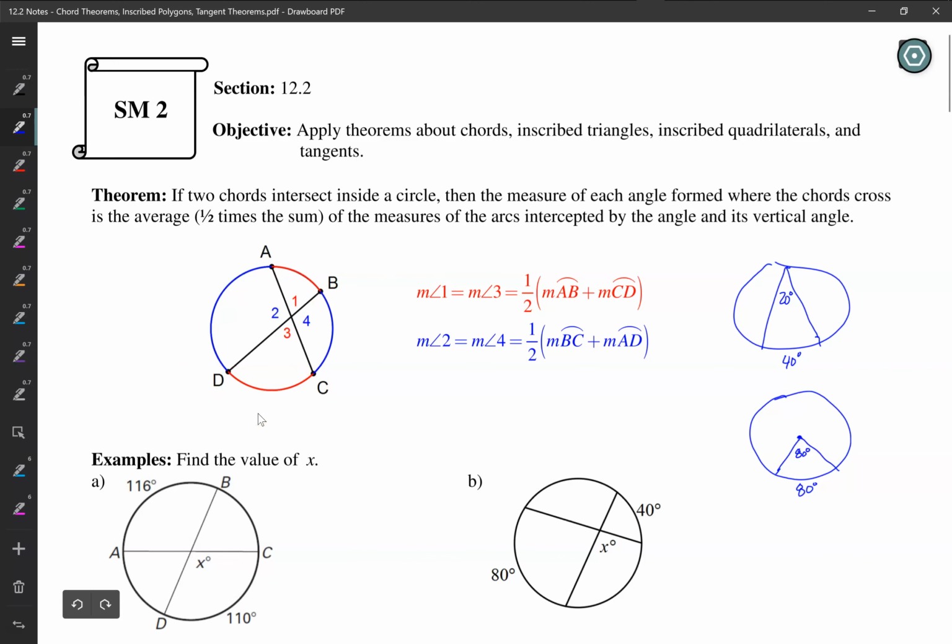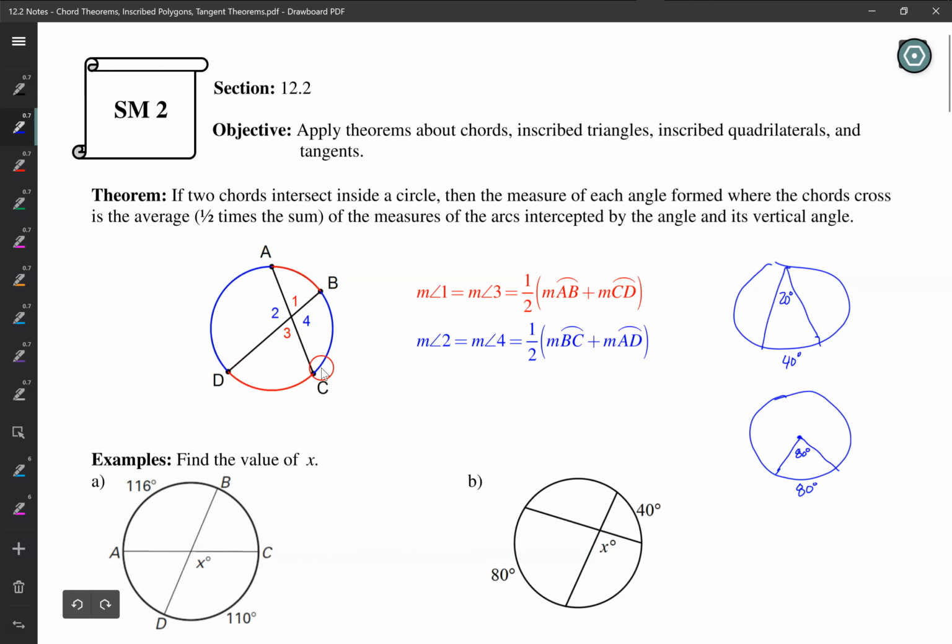Now you can tell just by looking at it, the arc AB is a smaller amount of the circle than arc DC. So arc AB will have a smaller measure than arc DC. And similarly here, arc BC is a smaller portion of the circle than arc AD.